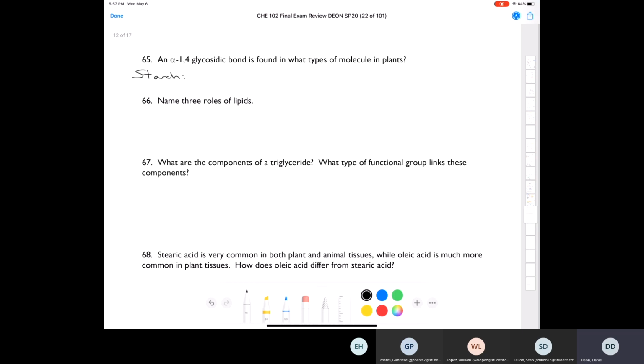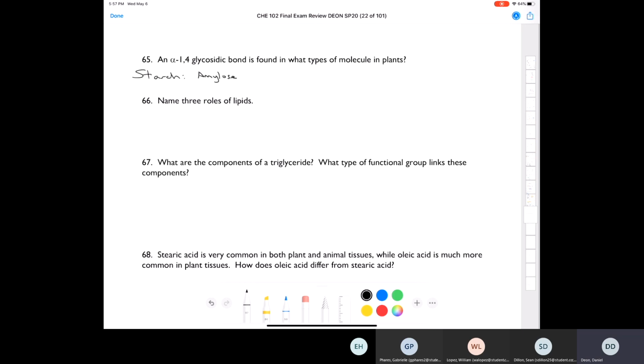Starch, amylose, and amylopectin also have alpha-1,4 glycosidic bonds. That's more of a memorization thing. But remember, you have alpha-1,4 glycosidic bonds and alpha-1,6 branching in amylopectin.